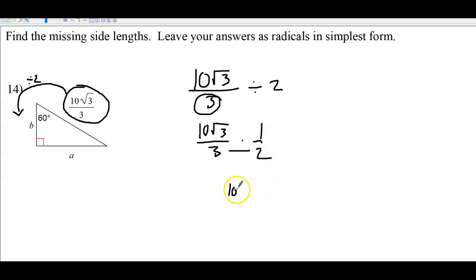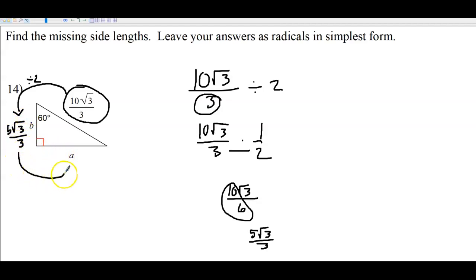So we end up with 10 radical 3 over 6, and that does reduce, by the way, to 5 radical 3 over 3. So since my hypotenuse is 10 radical 3 over 3, if I divide that by 2, I get my short leg, which apparently is 5 radical 3 over 3.